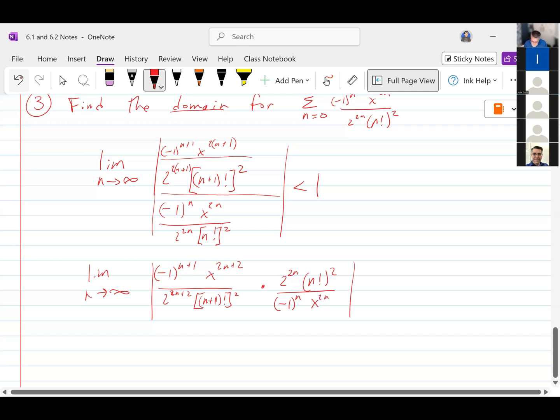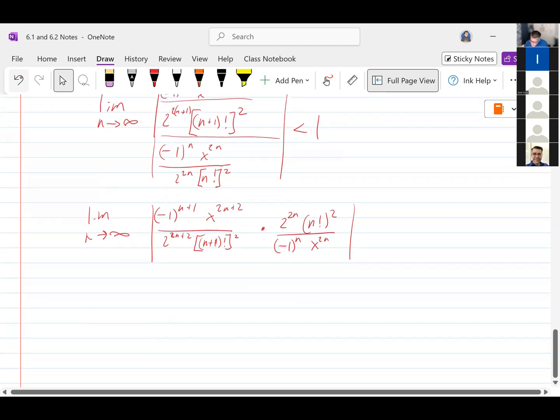Now I might want to organize this so that I have expressions over like expressions, so I take them one at a time.